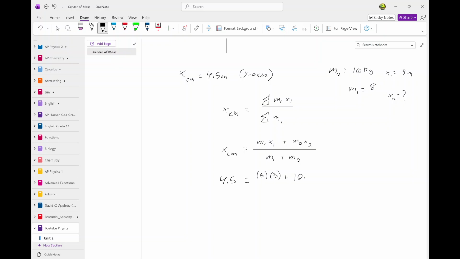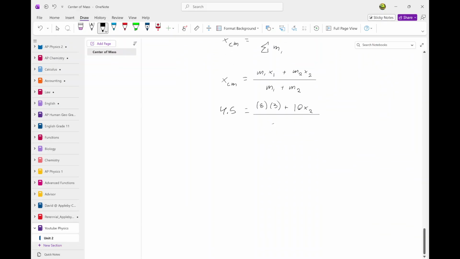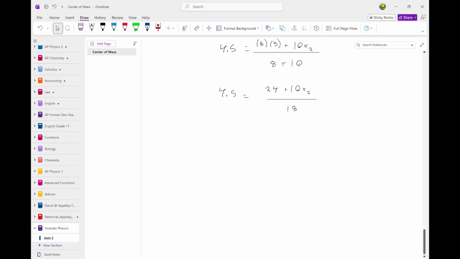So we have 10x2, then we have 8 plus 10. So 4.5 equals 24 plus 10 x2 divided by 18. And here we can do 4.5 times 18, 81.